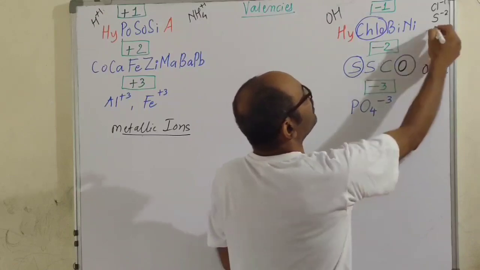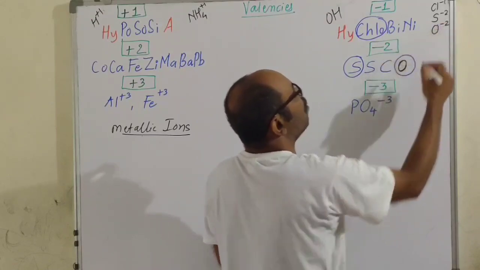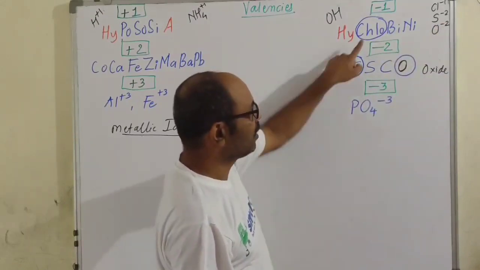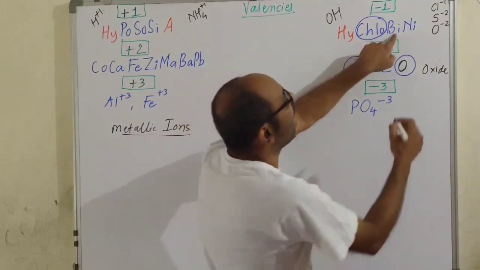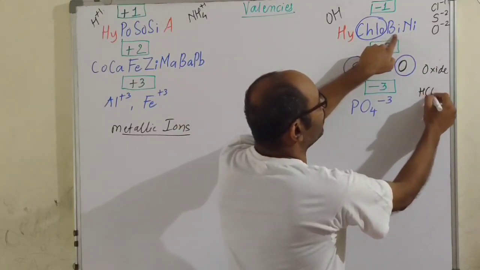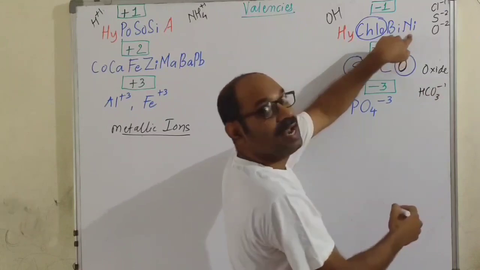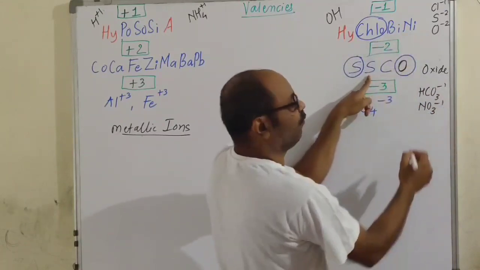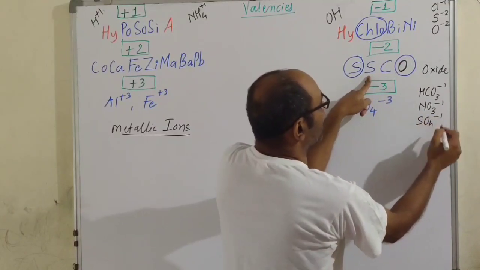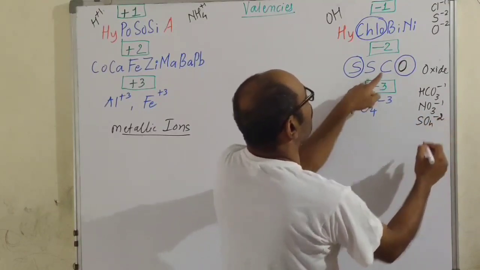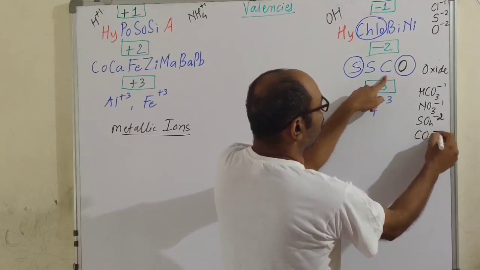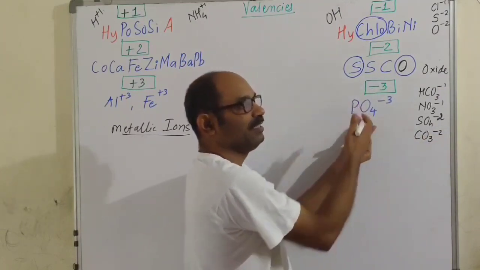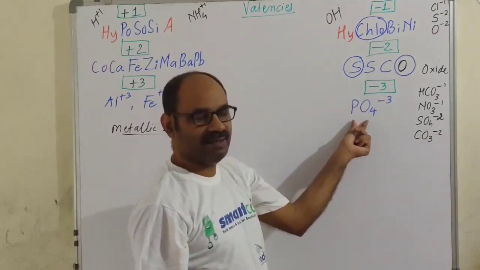Alright? And oxide, that is O minus 2. The rest are in groups. Bicarbonate, HCO3 minus 1. Nitrate, NO3 minus 1. Sulfate, SO4 minus 2. It is minus 2. Carbonate, CO3 minus 2. Phosphate, you can see, it is also a group of atoms.